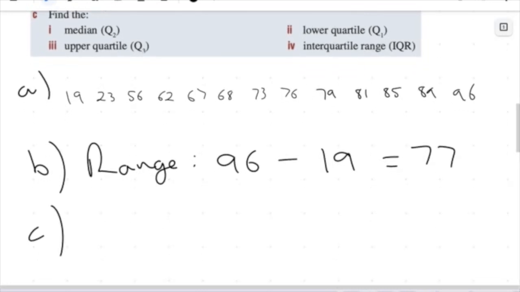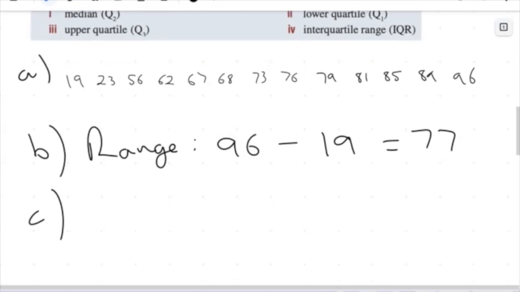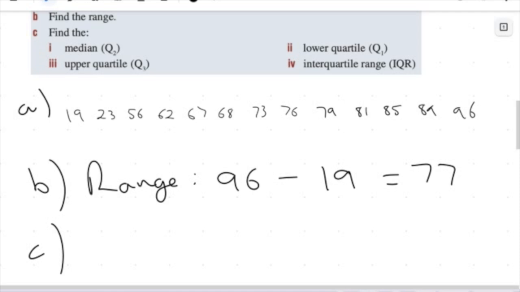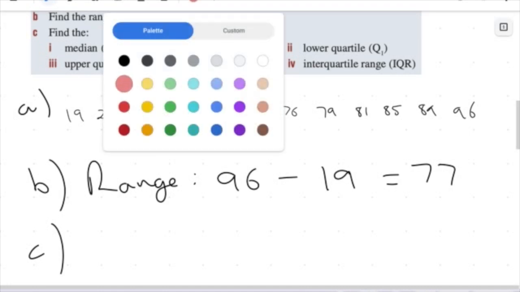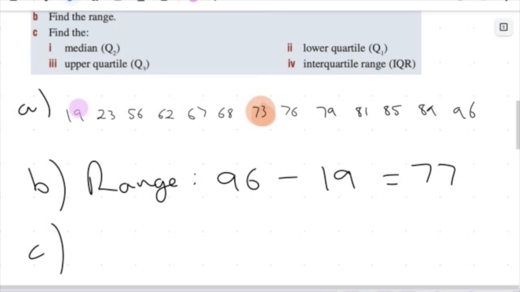Now for part C, we want to find the middle, the median, so the number right in the middle here. You can pause and find the median for yourself, but this is going to be 73 because I have 1, 2, 3, 4, 5, 6 numbers on one side, 1, 2, 3, 4, 5, 6 numbers on the other side.